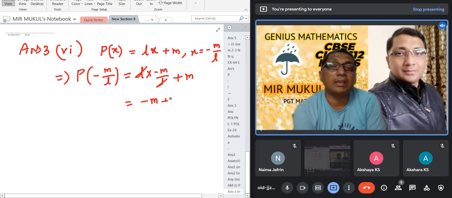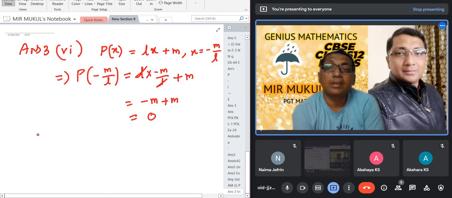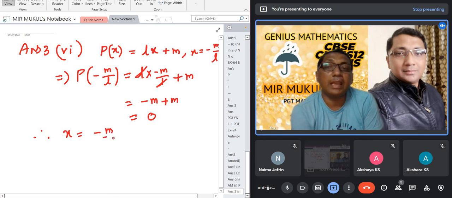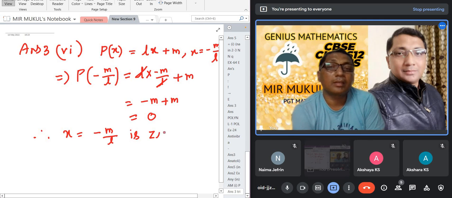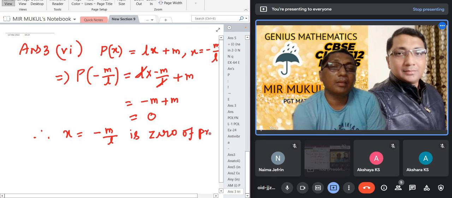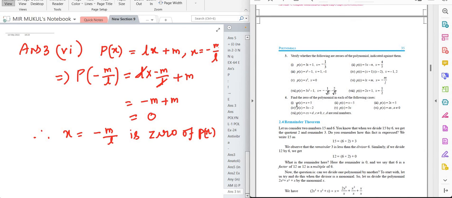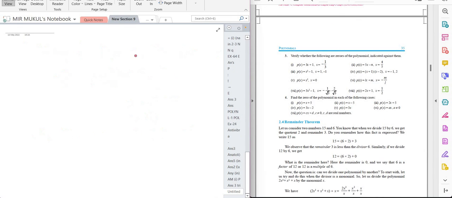Minus m plus m we are getting, and we know that minus m plus m is 0. So we can say that x equals minus m by L is a zero of P(x). Acha, a few questions of question number 4 also I am showing to you.